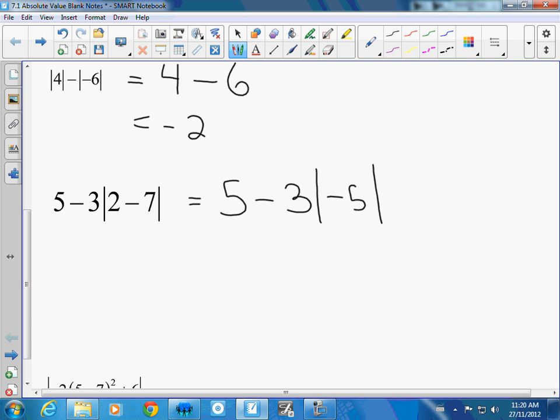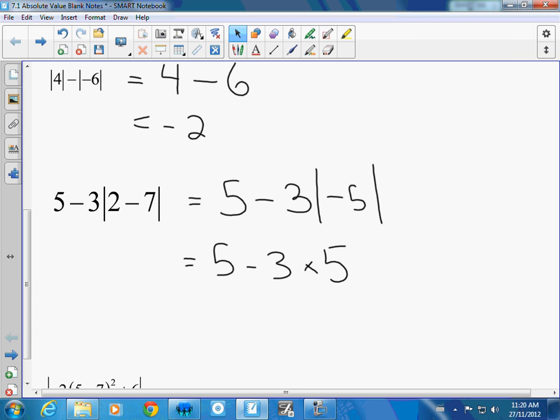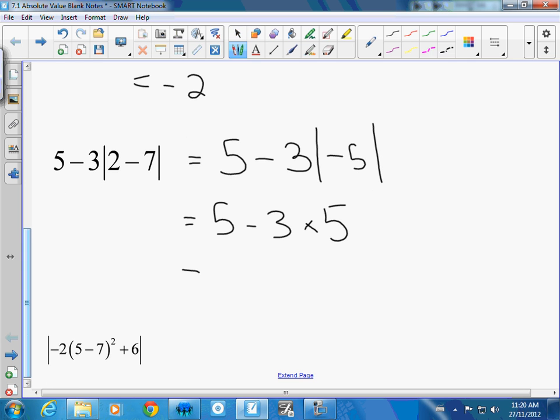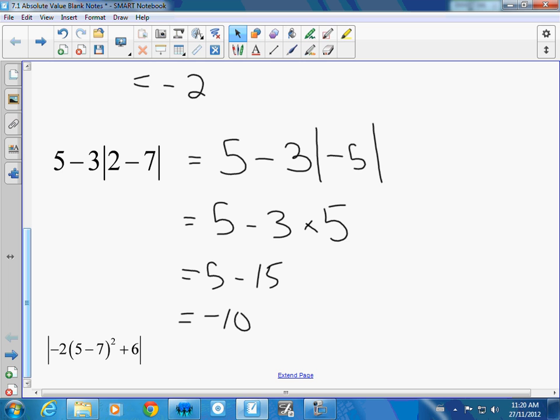Then 5 minus 3 times positive 5, because the absolute value of negative 5 is positive 5. Then what do we do next, the subtraction or the multiplication? Multiplication. So 5 minus 15, and we end up with negative 10. Did you get negative 10?